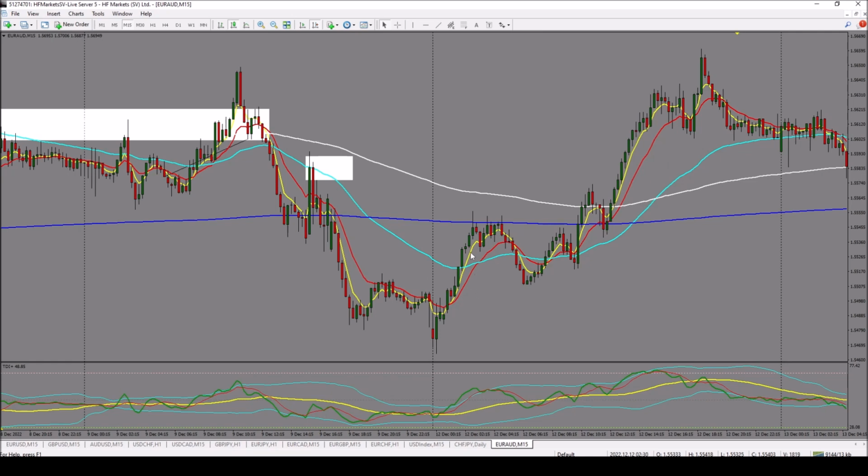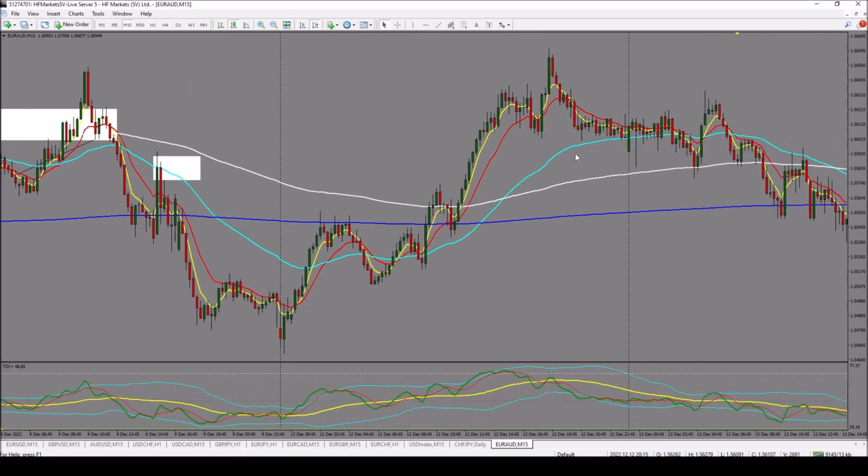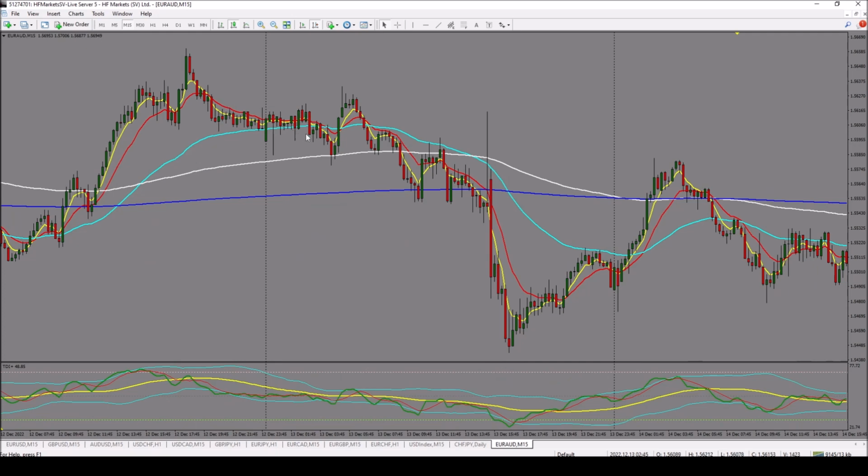Then from there, we had a crossover, but did we have two bounces along the way? No. Then we continue. We can see that at this point, we had a crossover. The first bounce was this one. Then the second bounce was this.